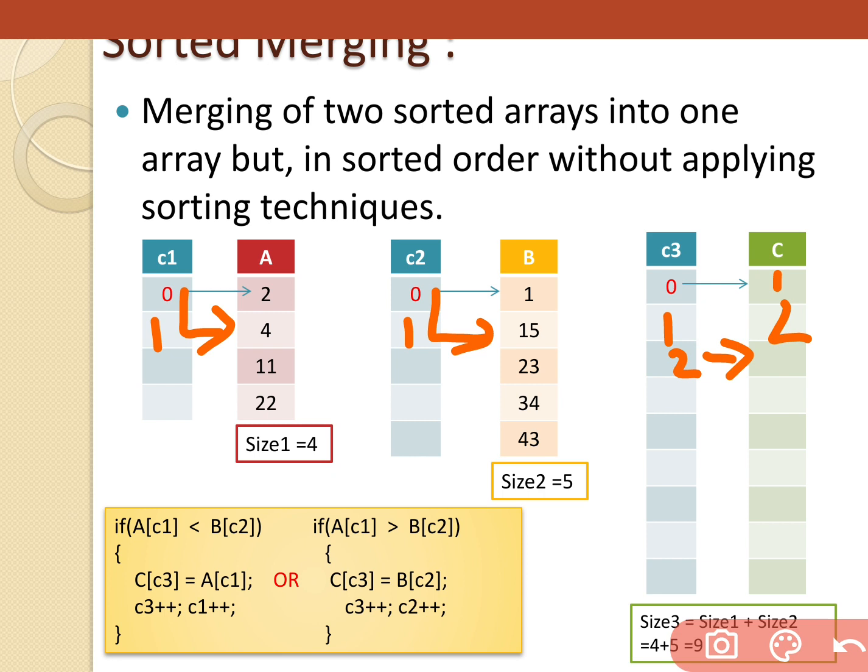What do we have to do now? Now again we are going to check whether this happens or this, means whether A[C1] is smaller than B[C2] or A[C1] is greater than B[C2]. Now in our case, A[C1] is smaller than B[C2], means this one happens, means we have to place 4 here, and the counter is going to move to the next location, the third location.